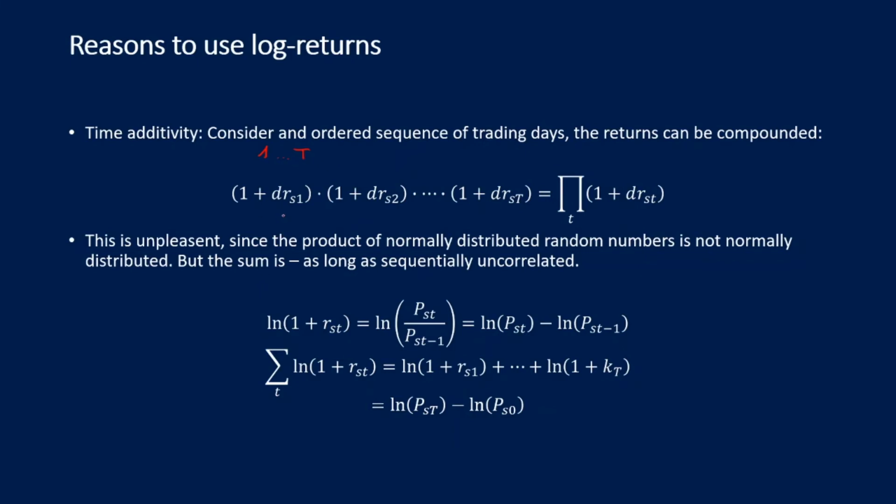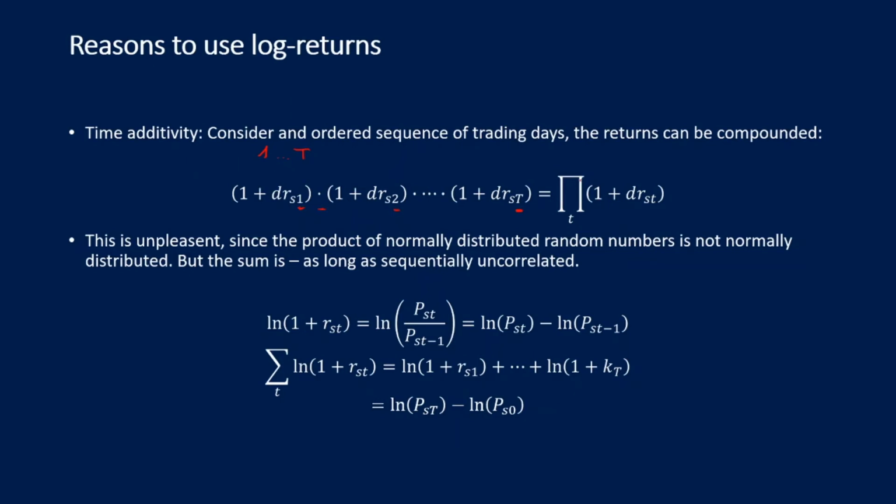Accordingly, if we take the simple daily returns, we have to calculate 1 plus the daily return of day 1 times 1 plus the daily return of day 2, and so on and so forth until we end up at the last day.